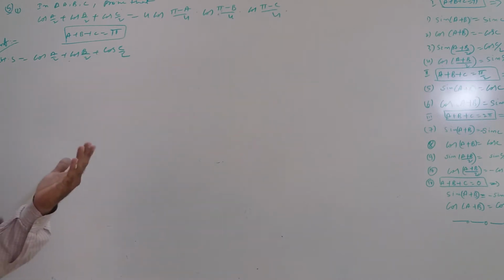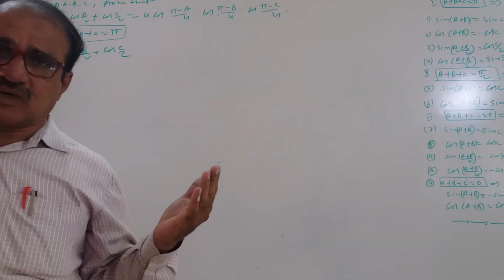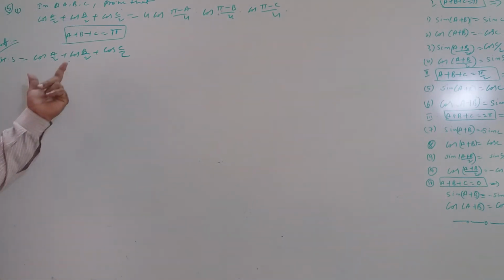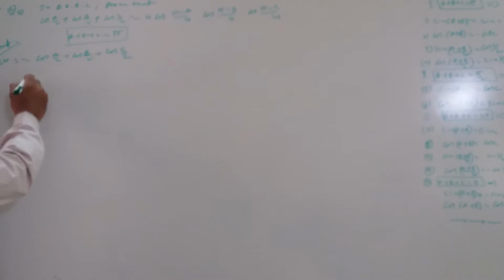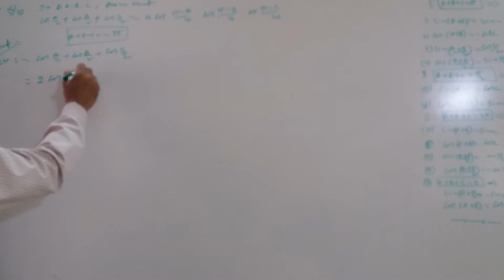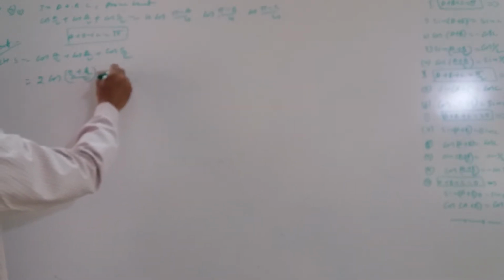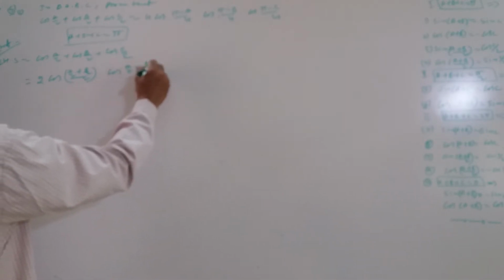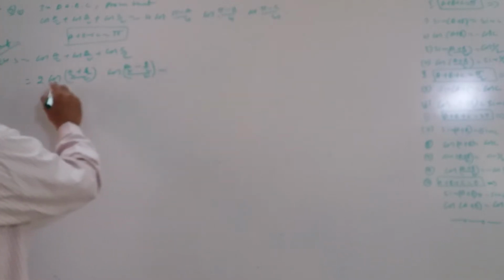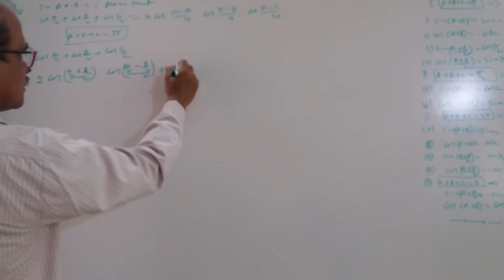That means it is in the form of cos C plus cos D. Cos C plus cos D is nothing but 2 cos (C plus D) by 2 into cos (C minus D) by 2. Here C is A by 2 and D is B by 2.